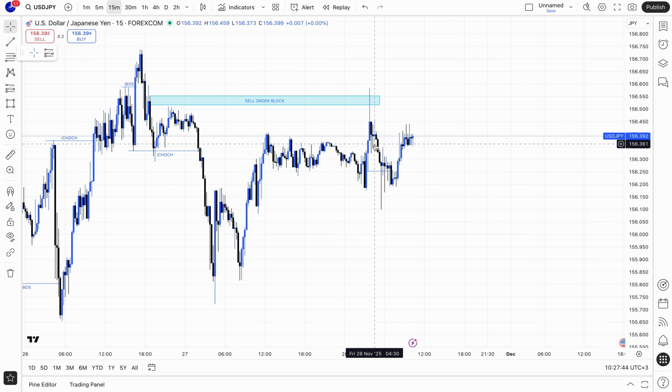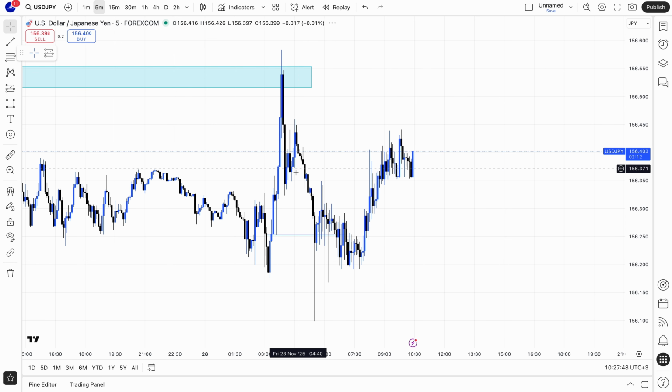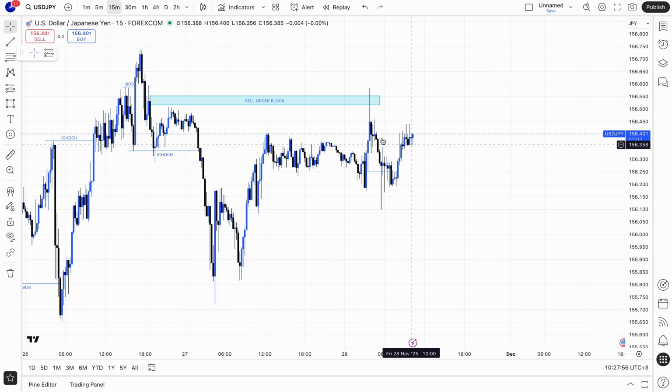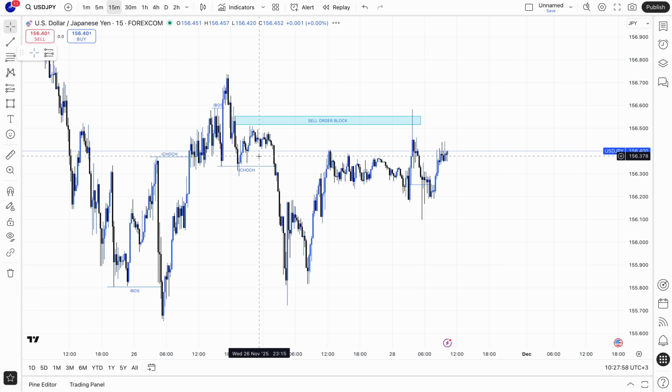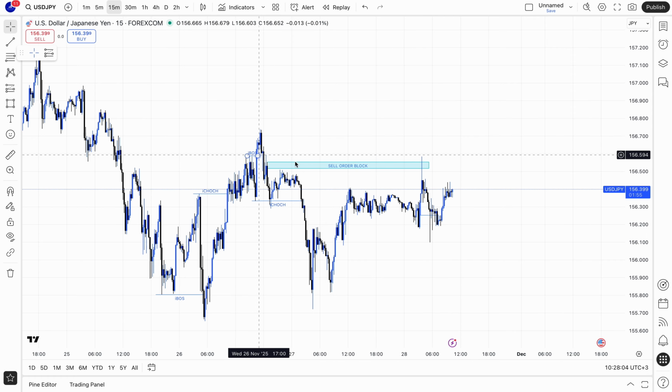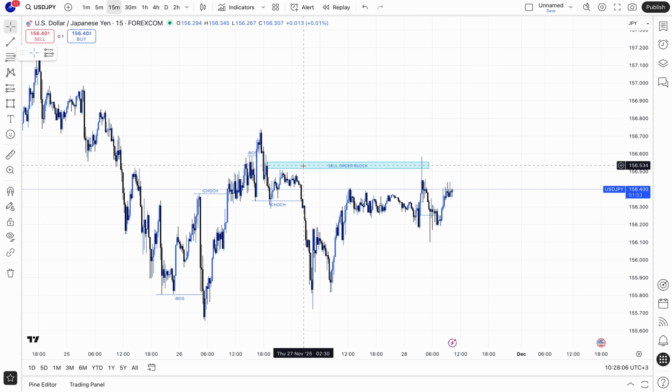I think this is our entry. I want to get that clean. Yeah, I think this is the entry. If I can see, you can have an entry here. And then you see if the price is going to be a little bit lower, more aggressive, perhaps.